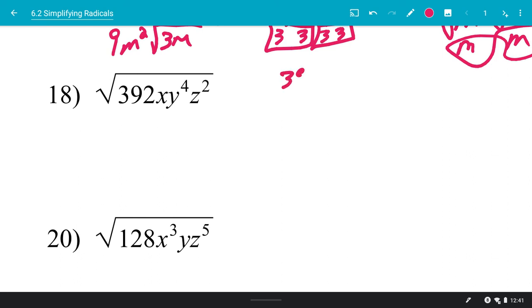392. 2 goes into it. Goes in 196. 2 goes into that.